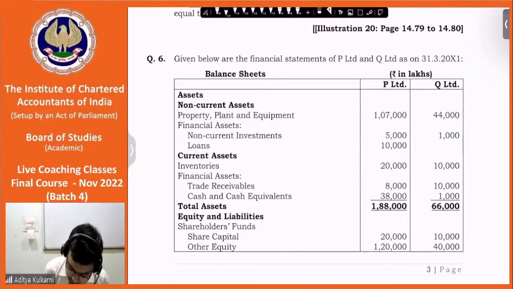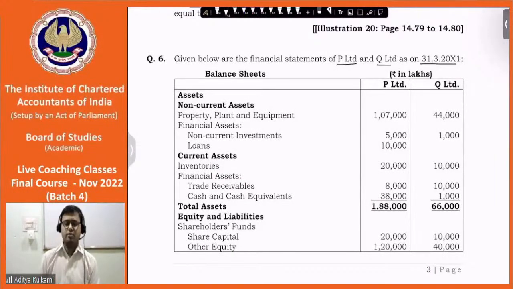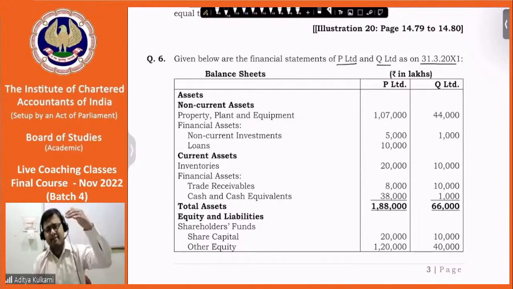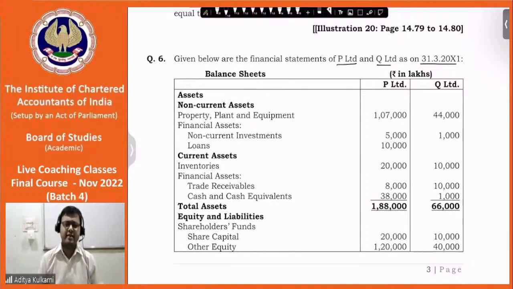Given below are the financial statements of P and Q as on 31st March 20X1. This is the balance sheet typically given in the Schedule 3 manner. You would be aware under the Ind AS balance sheet, we have assets first, and below that you have equity and liabilities. So under assets, the first item is non-current assets, property, plant and equipment 1,07,44,000.